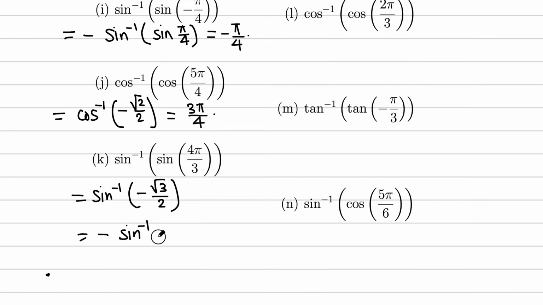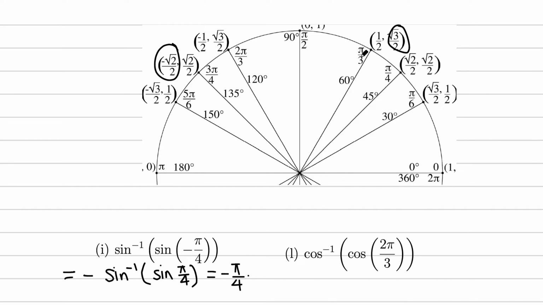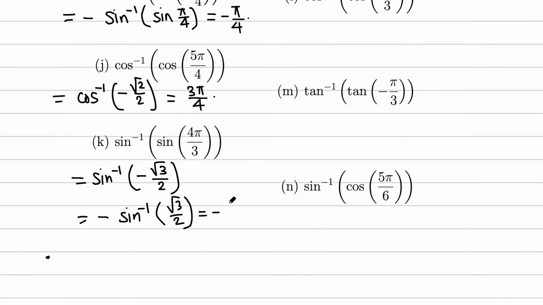That leaves sine inverse of root 3 over 2. Now look at the first quadrant and write down the final answer. So negative sine inverse of root 3 over 2. We want the angle where the y coordinate is root 3 over 2 in the first quadrant, that's pi over 3. Here is 1, root 3 over 2 is here, so pi over 3. So the answer is negative pi over 3.